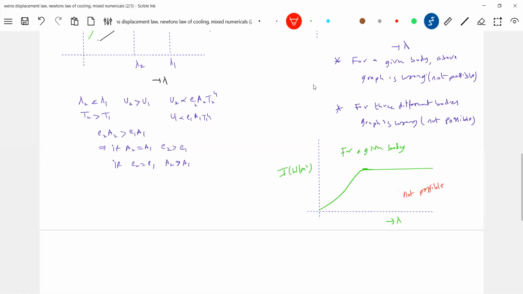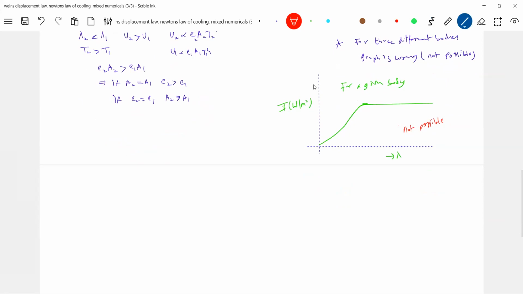So you should be very careful about even the graphs, possible or not possible. The intensity should be maximum only for one wavelength. That's all. Few more are there. Even this also is not possible.